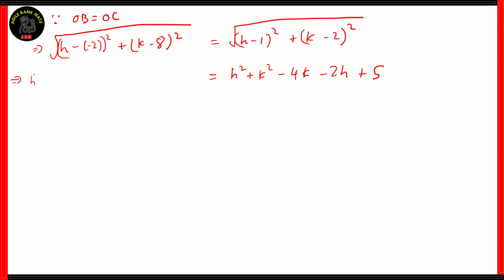So that becomes h squared plus 4 plus 4h plus k squared plus 64 minus 16k.